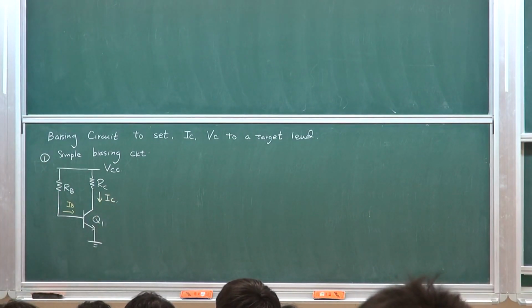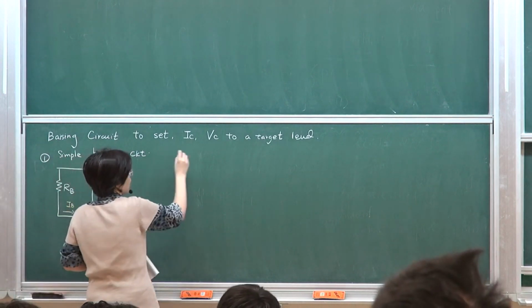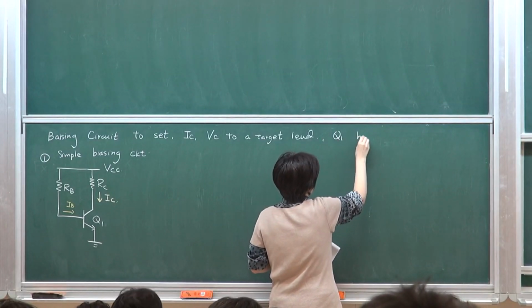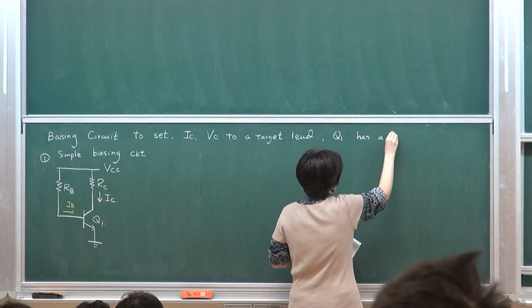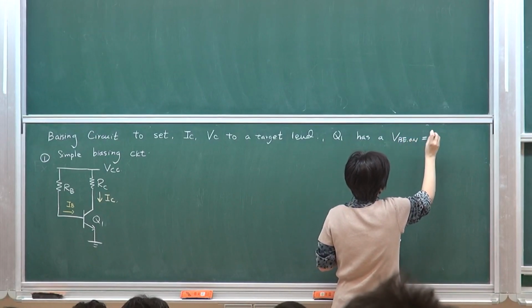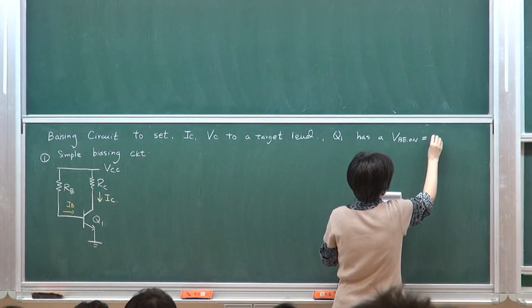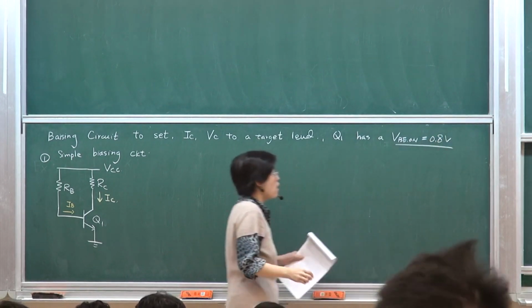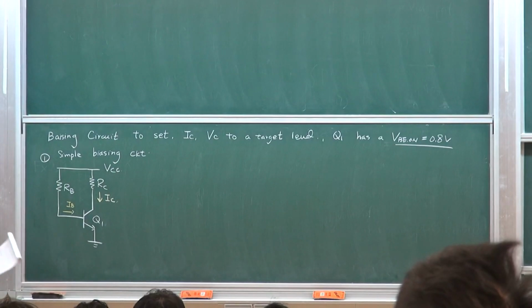In this circuit, I'm using a constant voltage model. In this example, we assume that Q1 has a VBEon, constant voltage model, for example. There's a fixed VBEon for this particular circuit analysis.